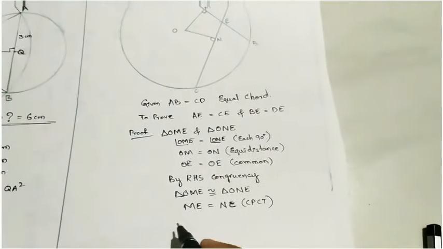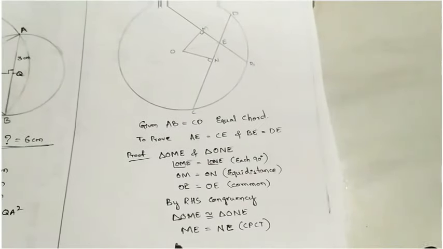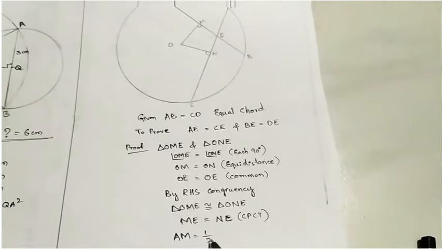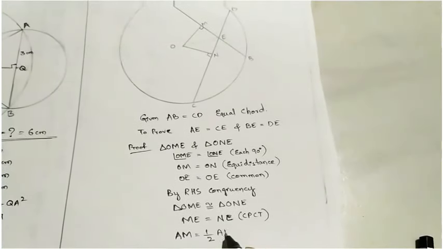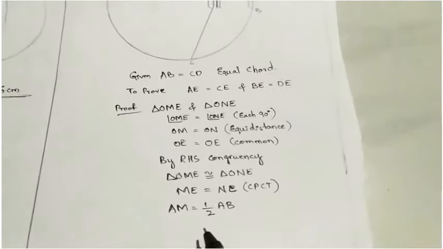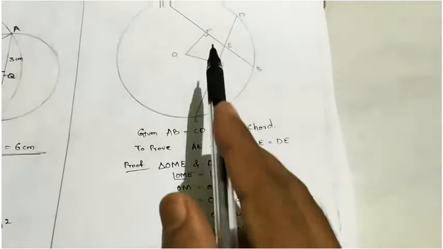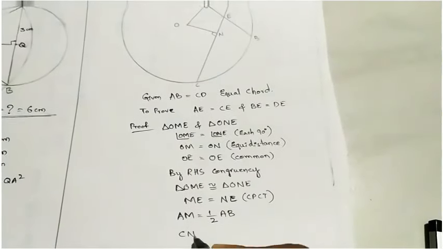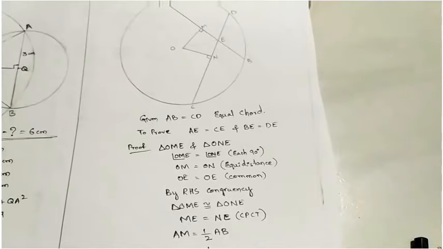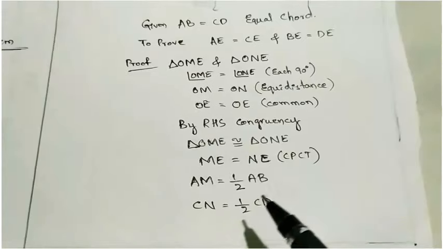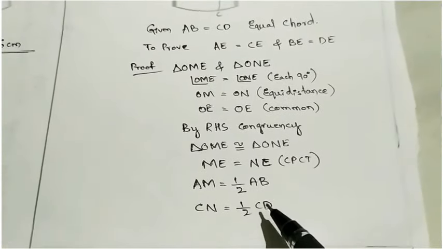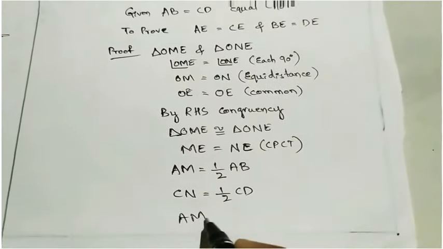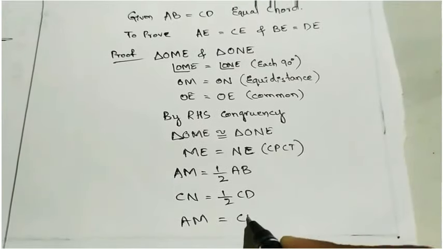So here we will get AM equal to half of AB. Similarly, CN or DN is half of CD. But AB equal to CD, because both are equal chords, so automatically AM is equal to CN.